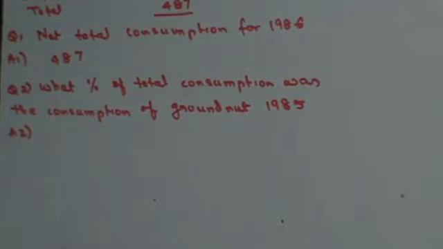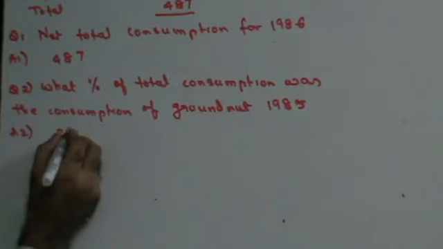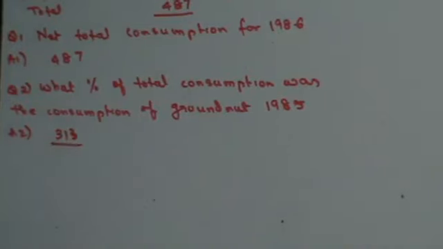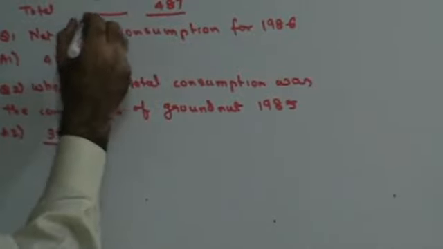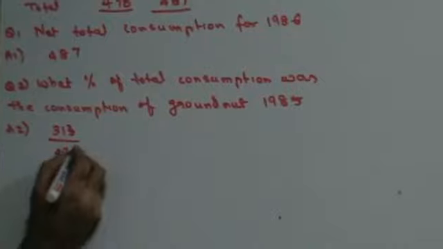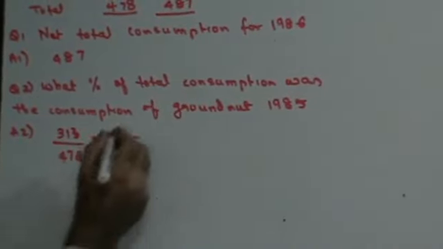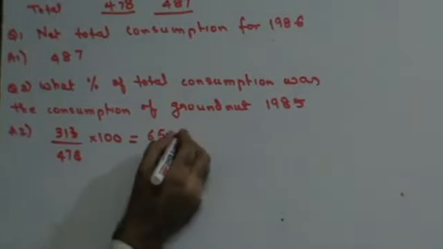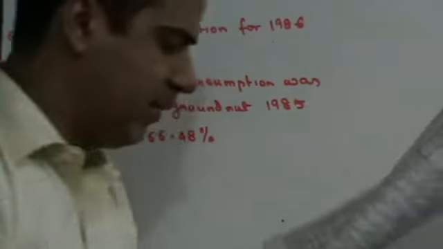Now, in 1985, consumption of groundnut was 313, right? Total consumption, if I add this should be 478. So 313 upon 478 into 100, that's 65.48%. That was the total consumption of groundnut in the year 1985.